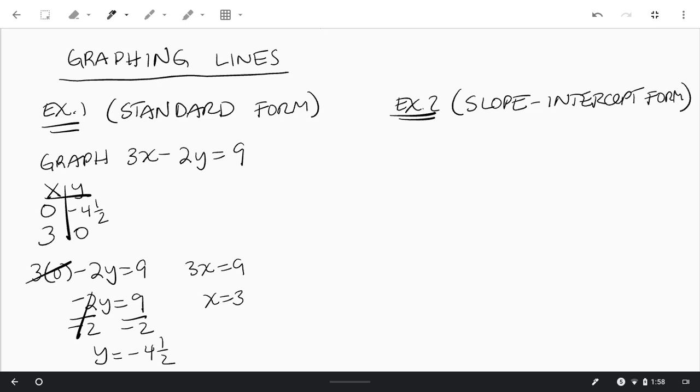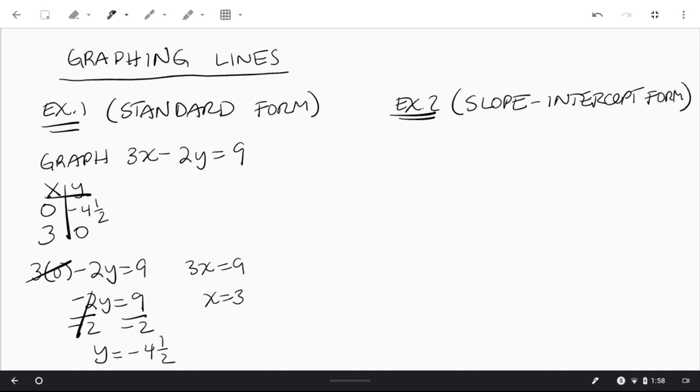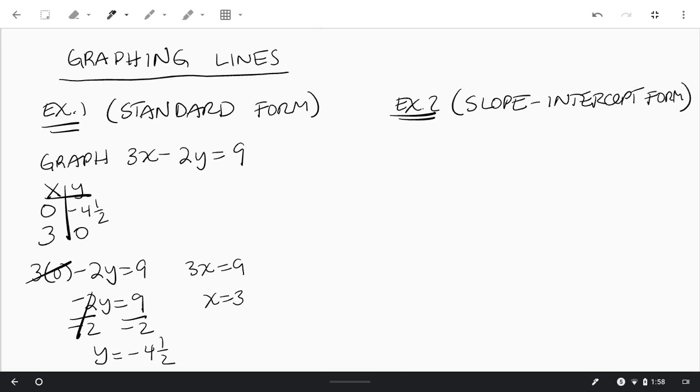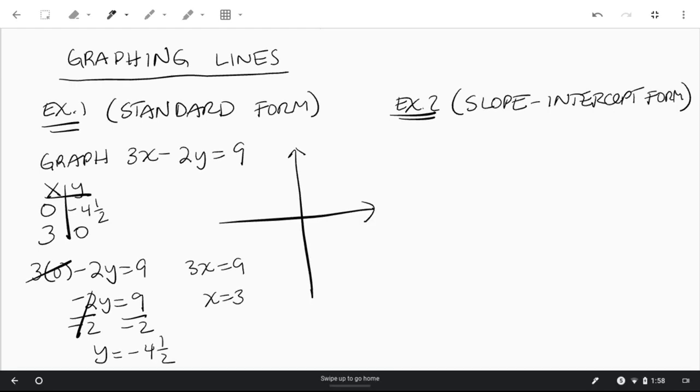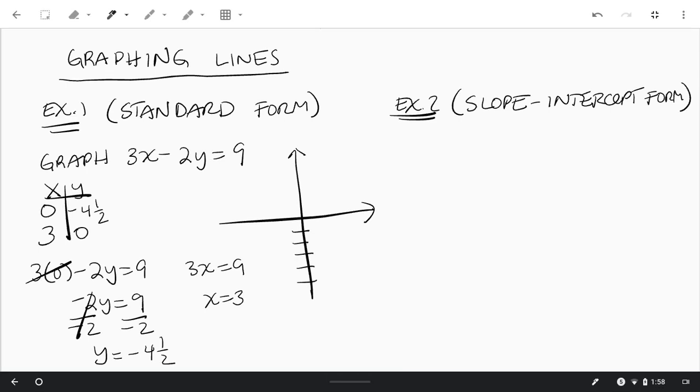All right, so then you can graph these 2 points. (0, negative 4.5): 1, 2, 3, 4, 5. So negative 4.5 is right around there. Whenever you get fractions, just make sure you're between numbers. I'm not going to break out the tape measure to make sure you're at 2/3 or 1/2.